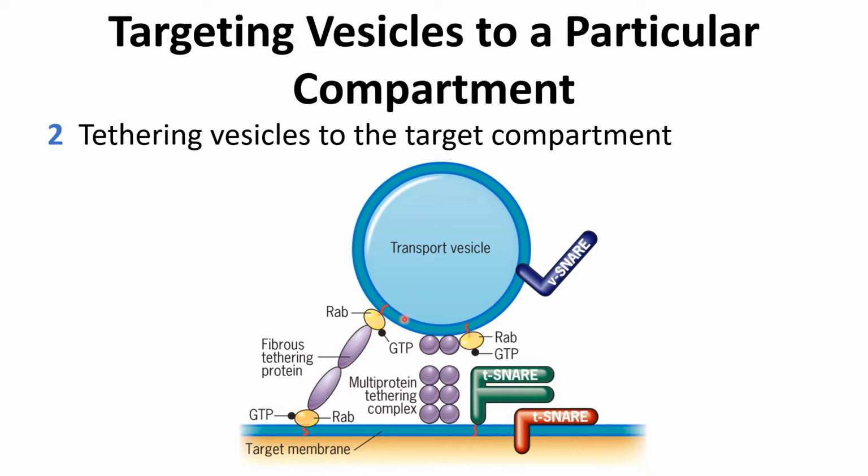So notice here the tethering proteins, and we also have another set of tethering proteins here. These are membrane specific, of course. And we see here the function of the GTP. Remember your GTP, the one produced in the Krebs cycle. It functions here as a source of energy.